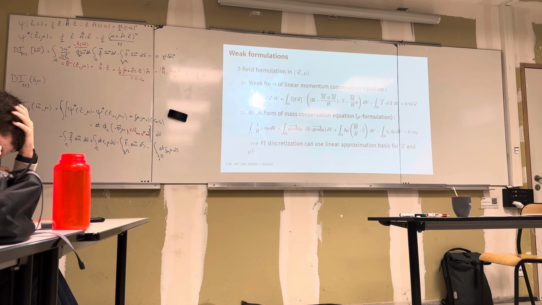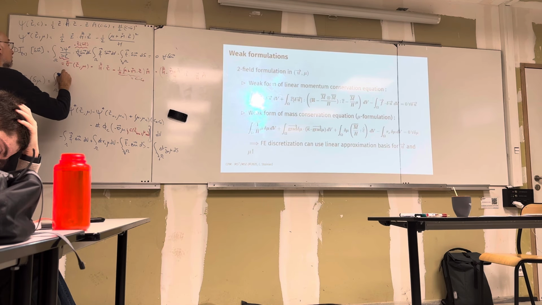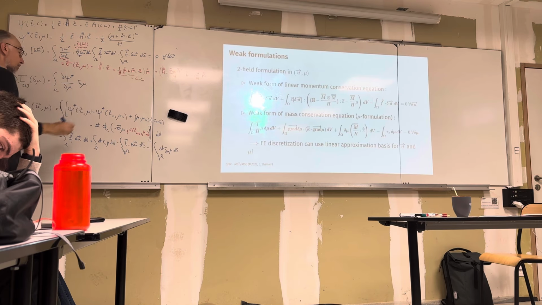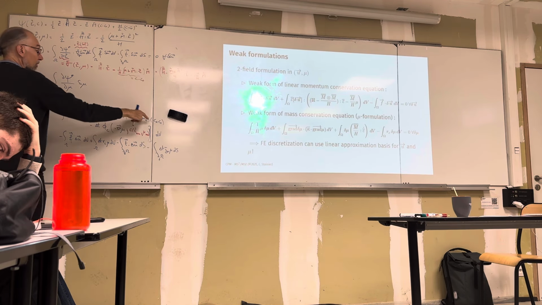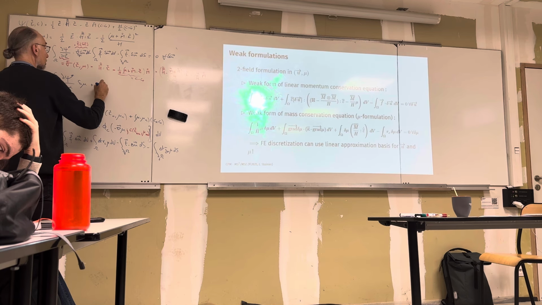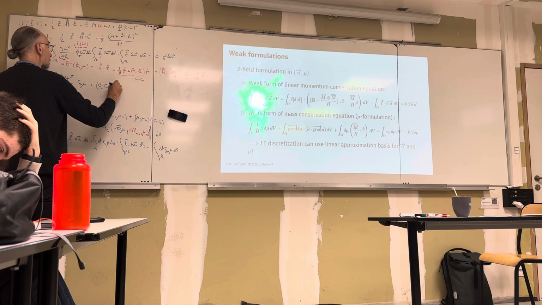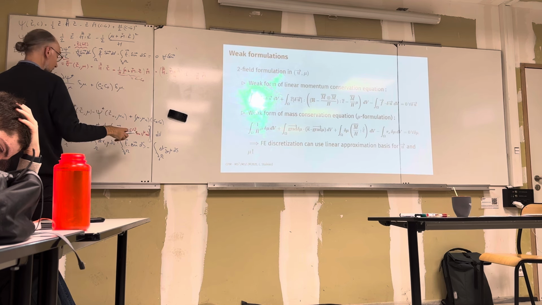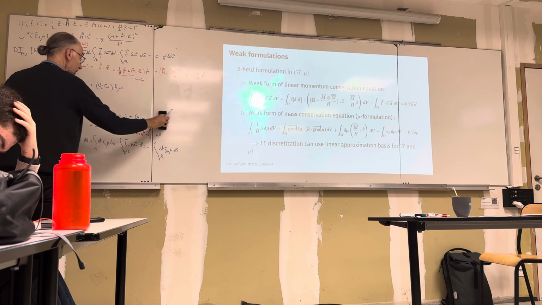So where is the new one? I want to remove this as I go, but I've got mu here. I've got this one also, and this one. So I need to do this.